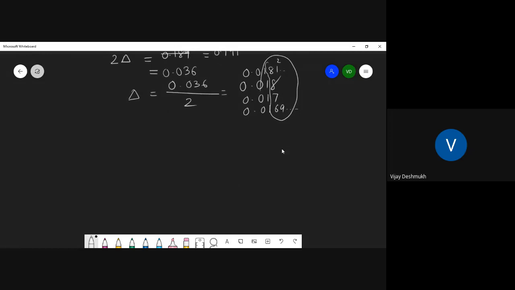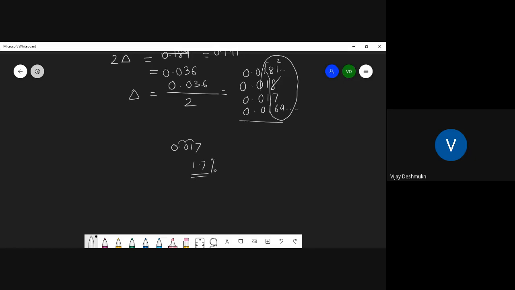Now if you take it in percent, say 0.017, the percentage means this is 1.7%, approximately. So the fractional refractive index difference is changing by just 1.7%. It's very, very small.